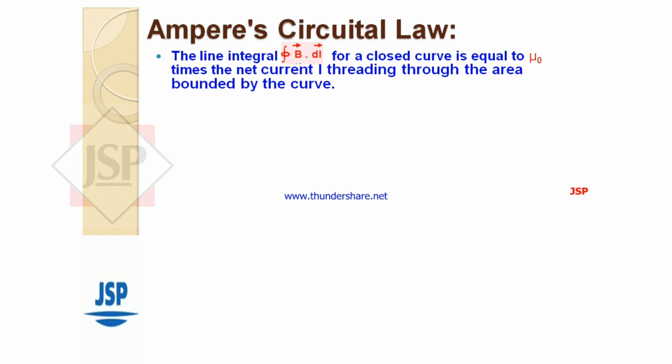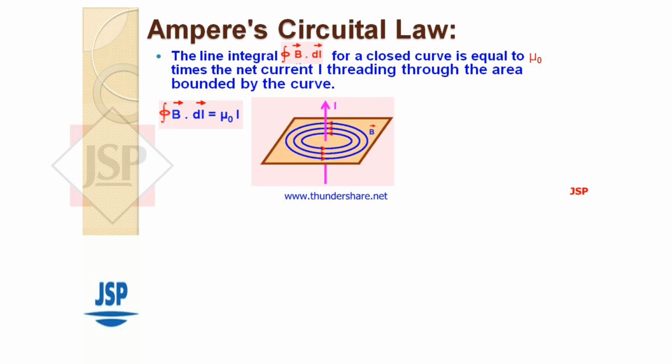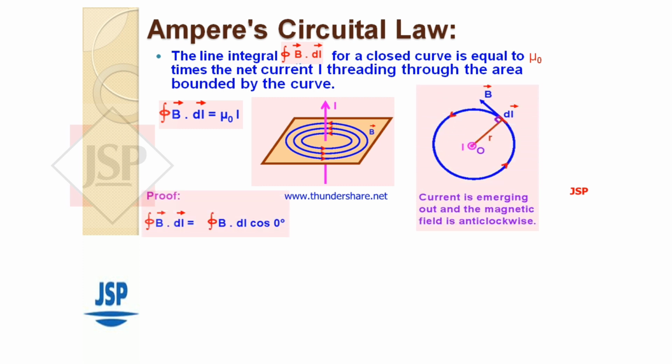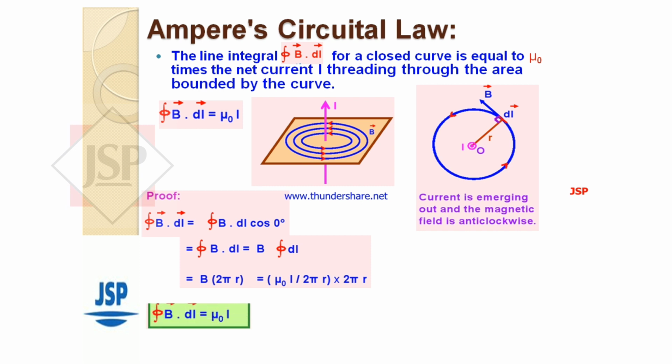That is, ∮B·dl = μ₀I. Proof: ∮B·dl = ∮B dl cos 0° = B∮dl = B 2πr = μ₀I/(2πr) × 2πr. So therefore ∮B·dl = μ₀I.